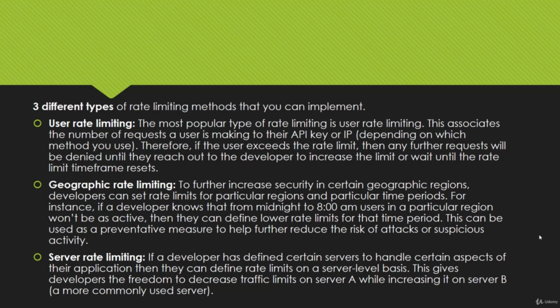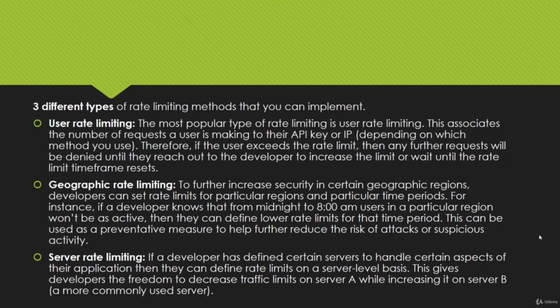This can be used as a preventative measure to help further reduce the risk of attacks or suspicious activities. By doing this, those nocturnal attackers or hackers won't be able to exploit the rate limiting flaw in the website, as geographic rate limiting has further increased the security.